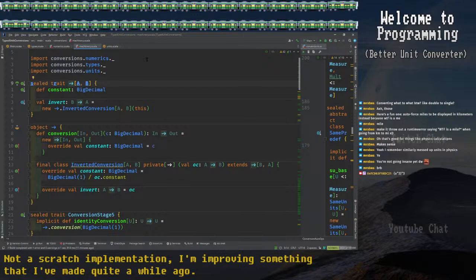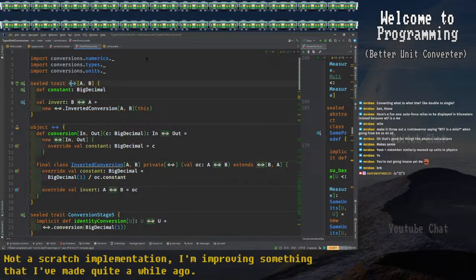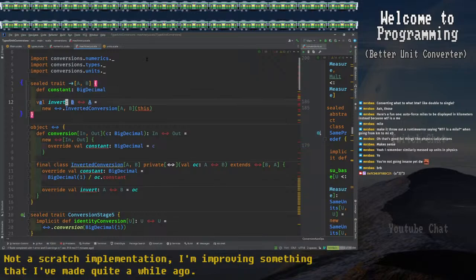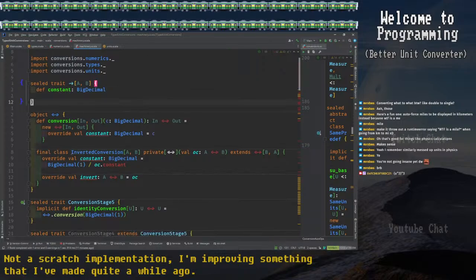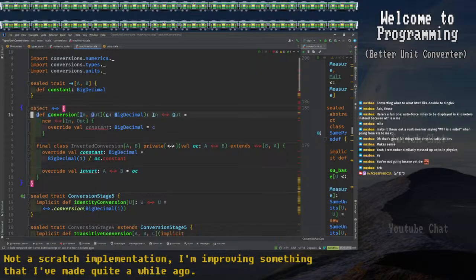What if we just make the conversions all two-way? This is a terrible idea. This means we don't need this crap. This means we don't need that. Screw that.